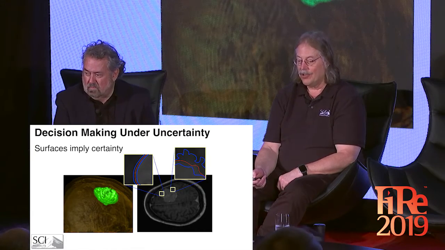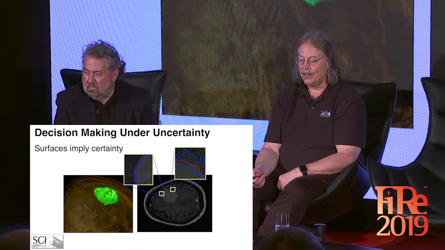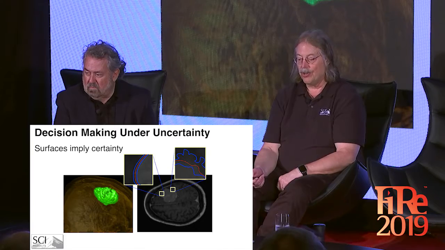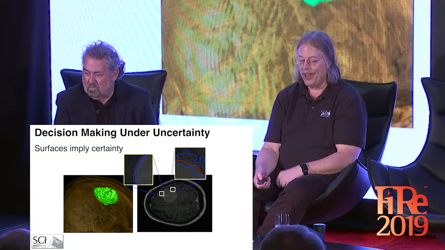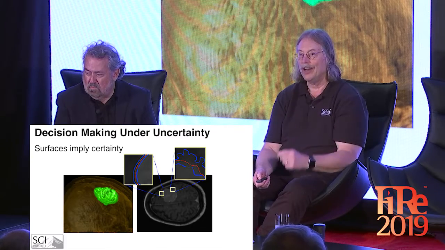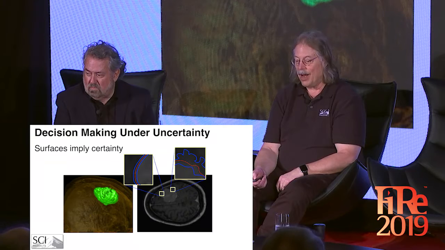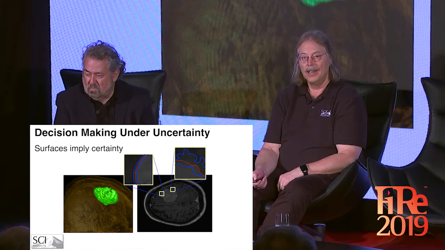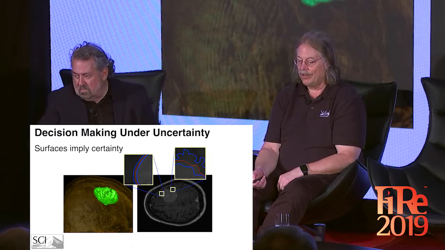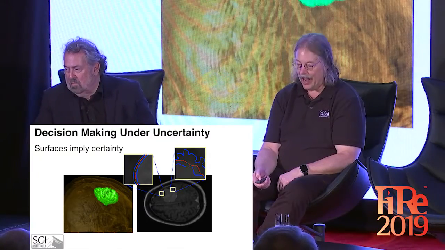And so now the question is, how do we convey this information to the surgeon? Traditionally, that isn't there. It's just a hard surface that is a single surface with no error and uncertainty. But if this were my brain, I would want the surgeon to know that there is uncertainty, and this is in a sense a visual confidence interval of what is there. So we're trying to figure out ways that we can do a better job of adding this kind of information in.